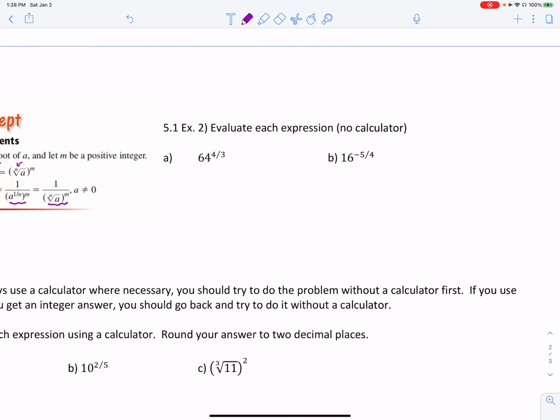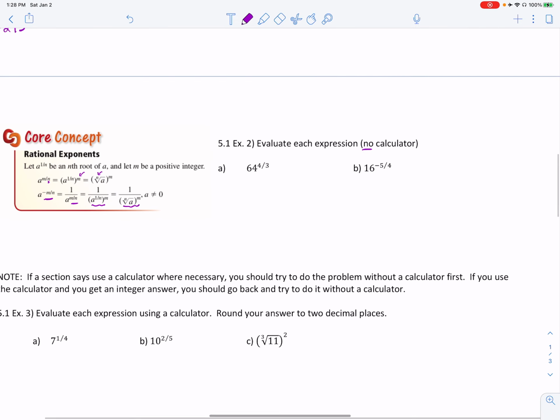So in example 2, it says no calculator. Don't use one. You need to be able to evaluate this without. And so when we have the 64 to the 4/3, I can think of this as 64 to the 1/3 to the 4th. That's applying this property right here.